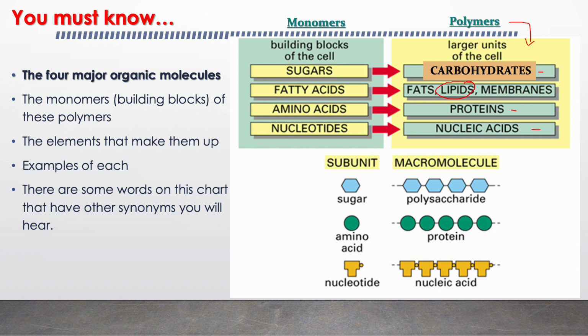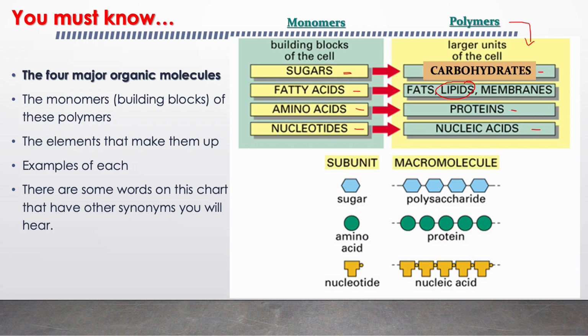You must know the monomer that makes the macromolecule or the polymer. Carbohydrates are made from sugars. Lipids are made from the monomer fatty acids. Proteins are made from the monomer amino acids. And nucleic acid is made from the monomer nucleotides.